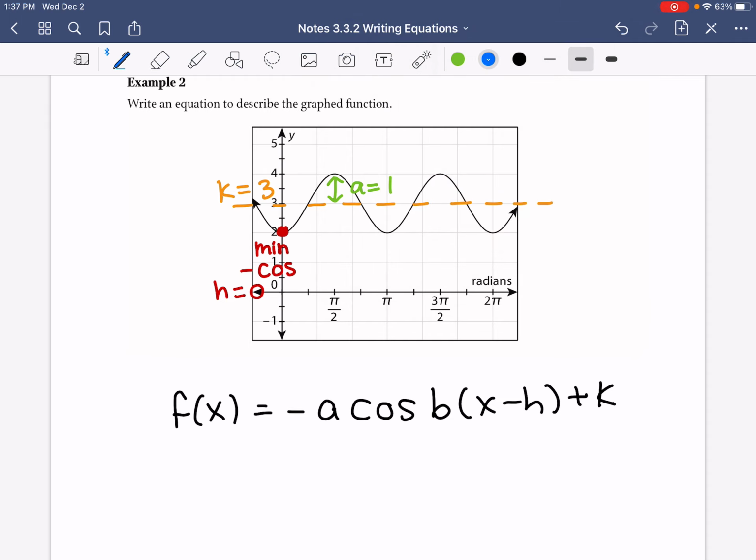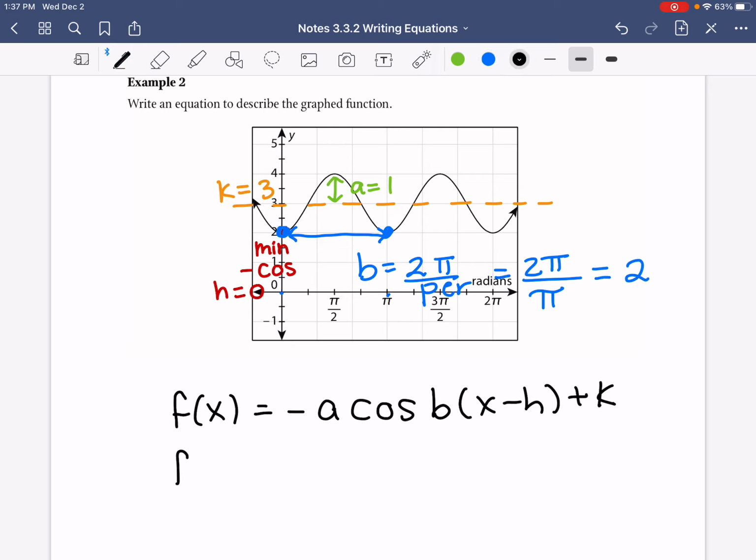I'm going to go ahead and find my last piece. So I know a, h, and k. I just need to find b, which is 2 pi divided by the period. Remember, the period is how long it takes to complete one curve. So I'm using a negative cosine curve, so I can go max to max. How long is that horizontal distance? Well, it's from 0 to pi. When I plug in pi, it cancels, so I'm just left with 2.